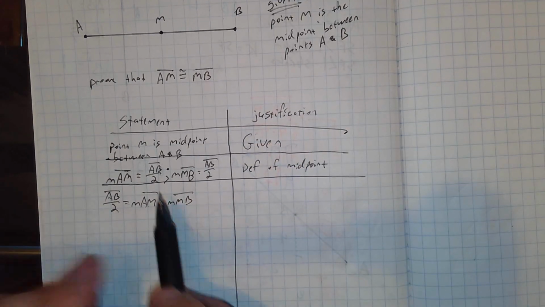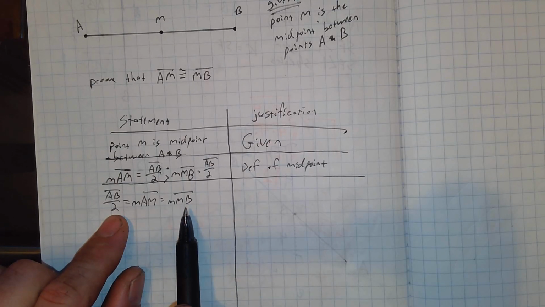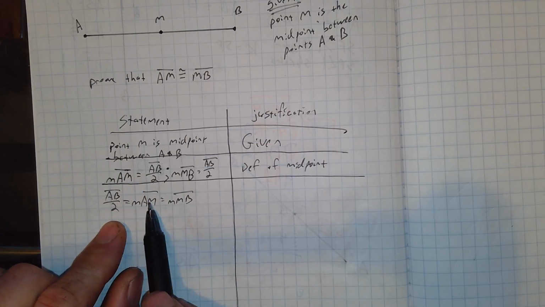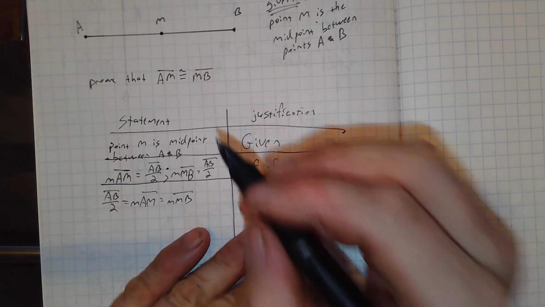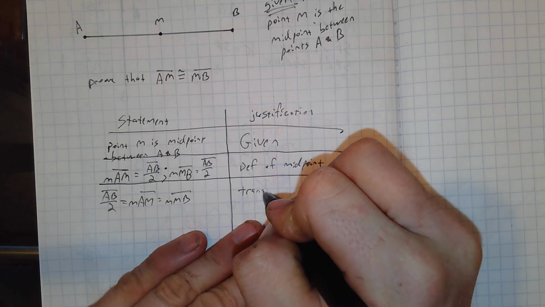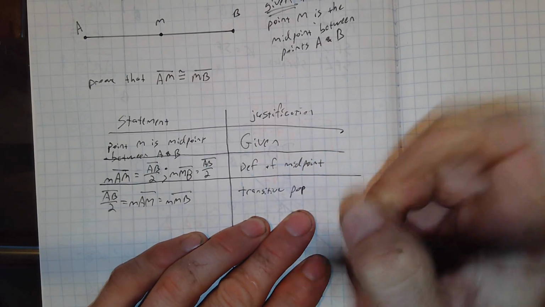Right? So I just took this equality, and since it's all equal stuff, I took this one, I put it here, I took this one, I put it here, and I'm going to say, hey, they're all equal to each other, and that's called the transitive property. I don't think I went to that yet.